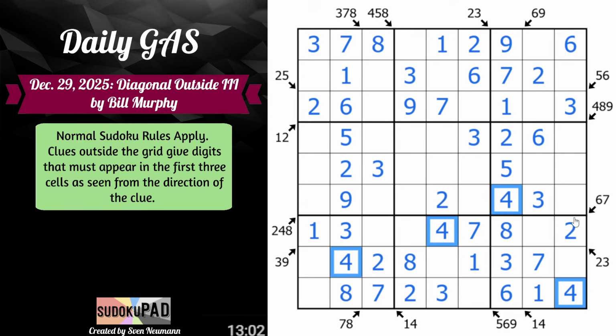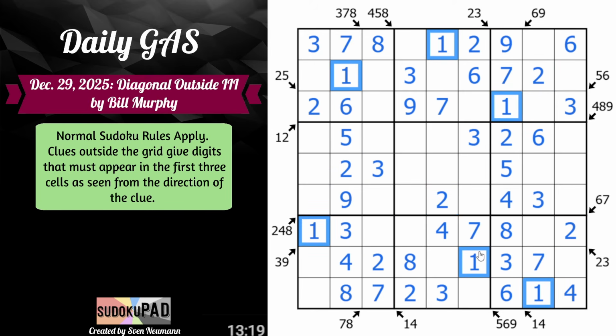This is 5 or 8. 5, 9. This is 5, 6. What am I missing, folks? We have our 2s. We have ones that we can't resolve.